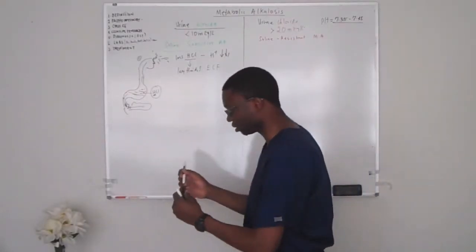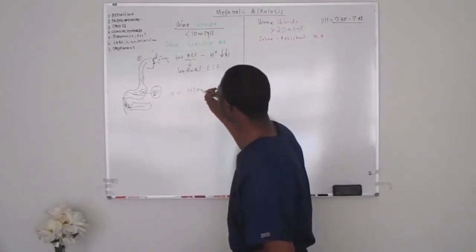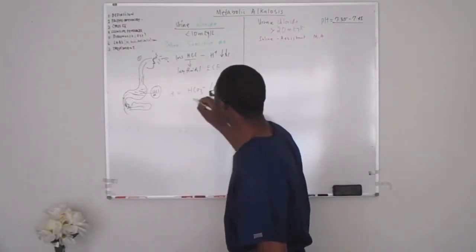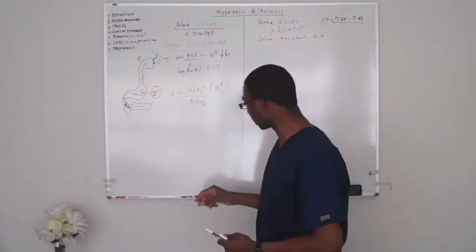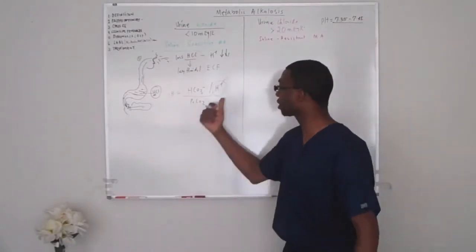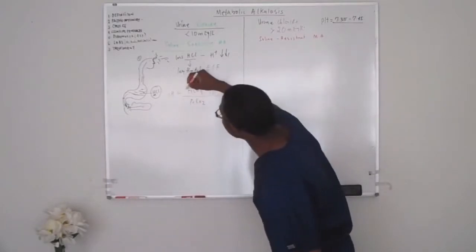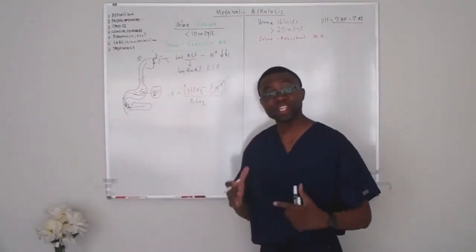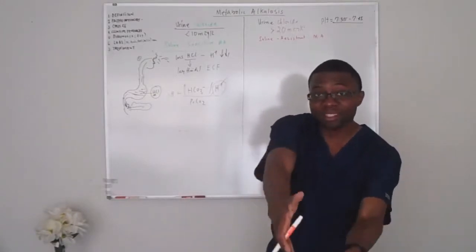Back to the formula: pH equals bicarbonate or hydrogen chloride over PaCO2. So what have we done? First thing we did, we lost a lot of hydrogen chloride from vomiting. We retain so much bicarb because there's no sensor inside the duodenum for the pancreas to release the bicarb into the duodenum.